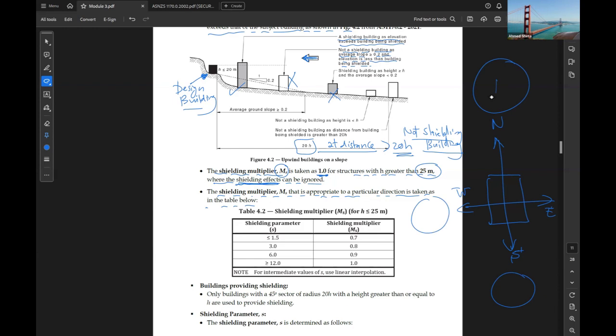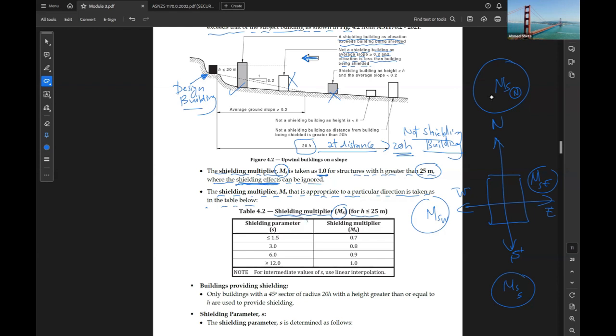So each direction can have a different MS. You can have MS west, MS north, MS south, MS east. They can all be the same also, but the general or actual case should be different because you cannot find the shielding from all directions the same. So how do we find the shielding multiplier MS for a building with H less than 25?